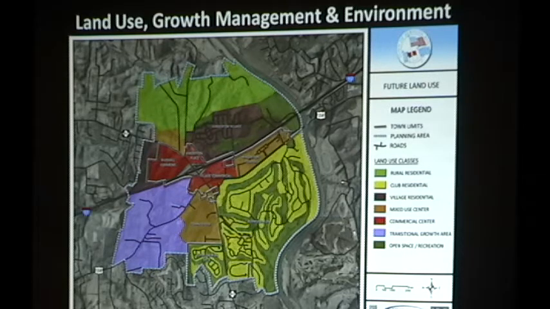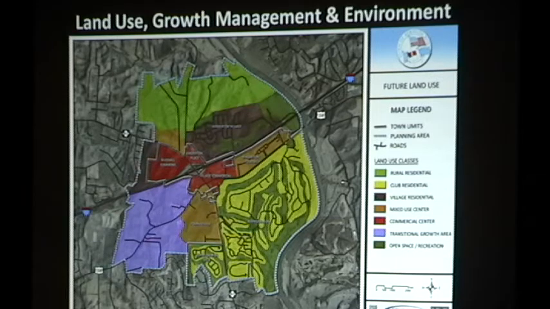The orange areas are mixed use centers, and we consider those like where we are here in Kenderton, as well as the future town center area, which is a triangular area down there between 158 and 801. That orange area is the town center. And then of course there's a potential future mixed use center there above River Hill Commons that's shown.